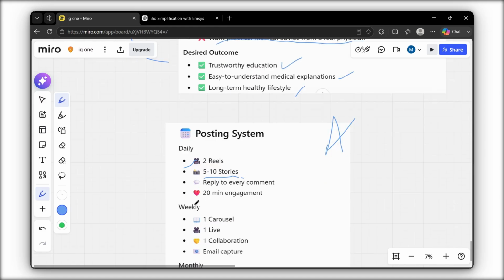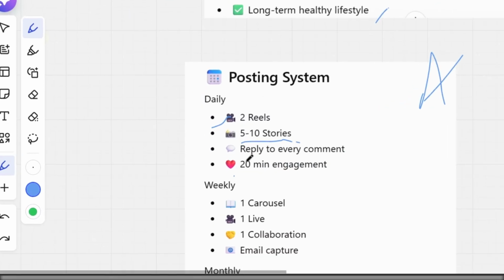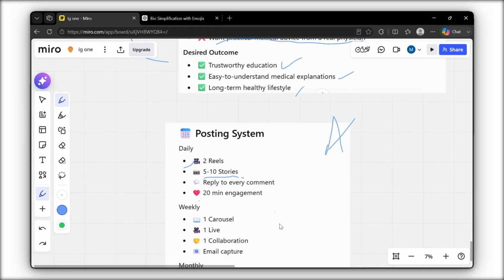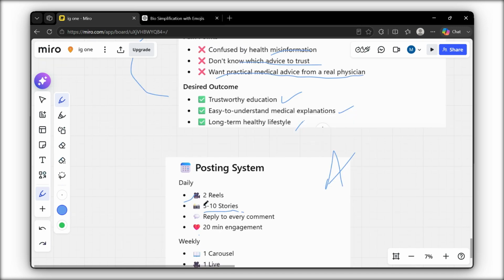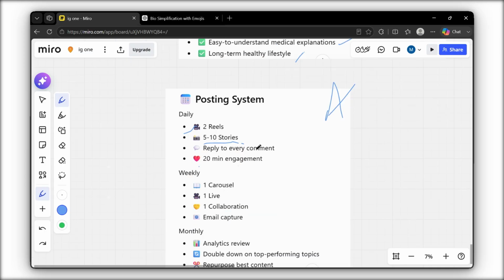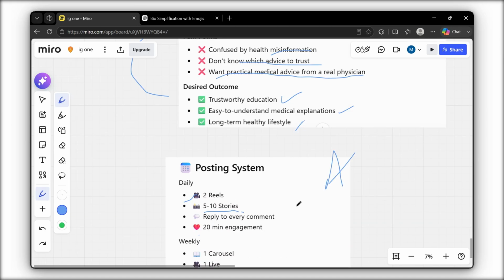So we should have 20 minutes of engagement with our feed, right? Comment on other creators' profiles, reply to every comment. That will build credibility, and if you build credibility, sooner or later you will start getting leads, and that is the best part, right?